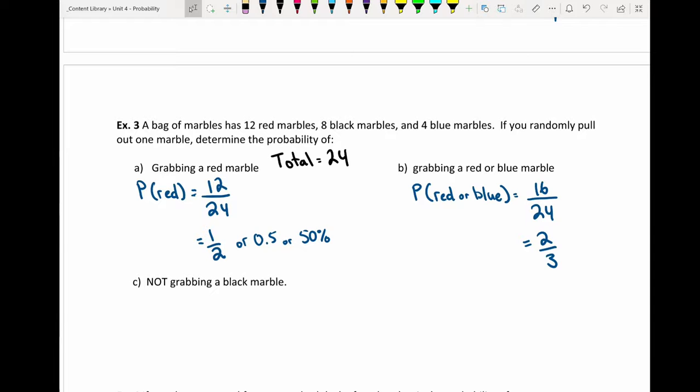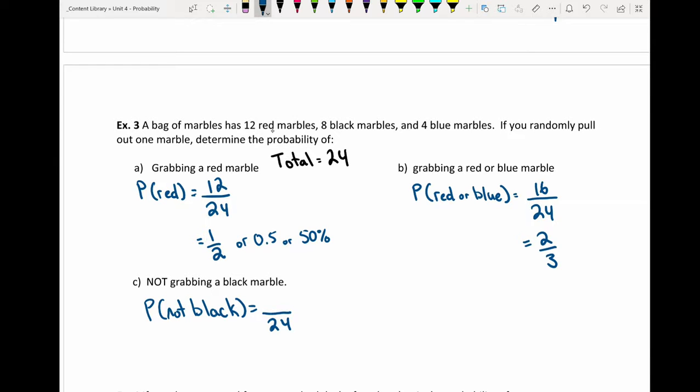For C is the probability of not grabbing a black marble, or not black. In this case, again, we could do 2 things. I know my fraction is going to be out of 24. I can look at all the successful outcomes. A successful outcome is not black, so how many marbles do I have that are not black?